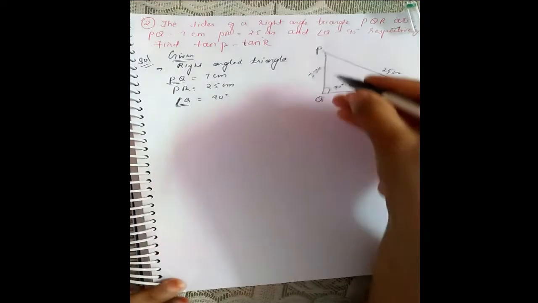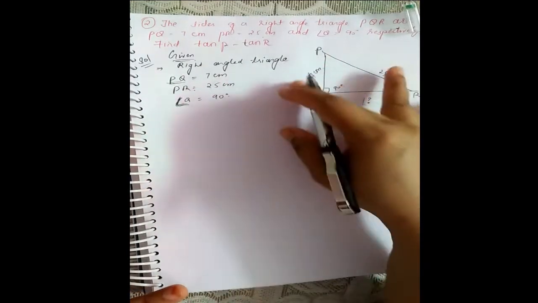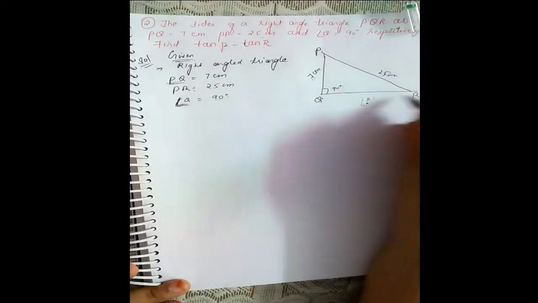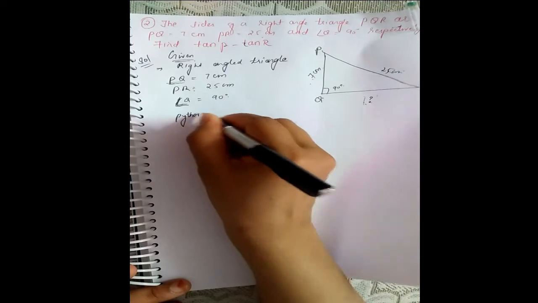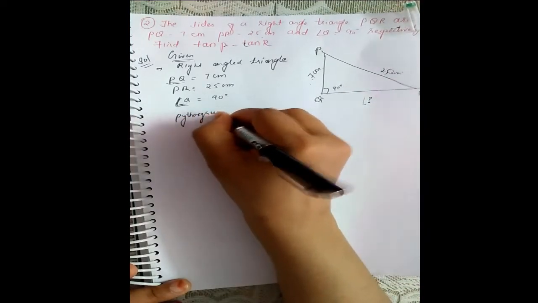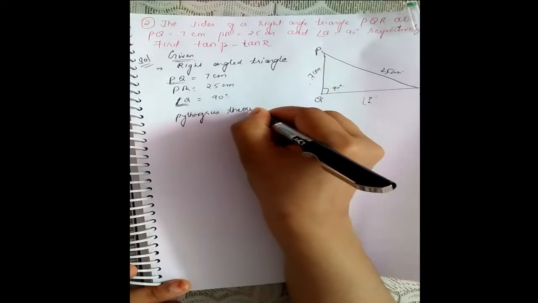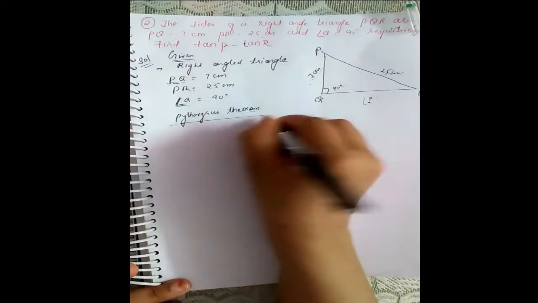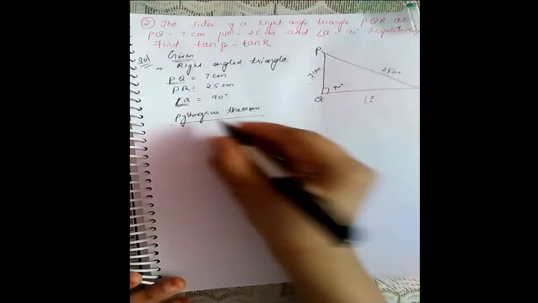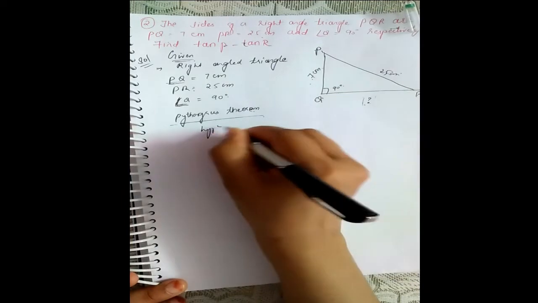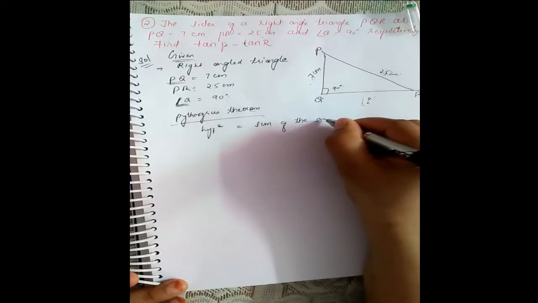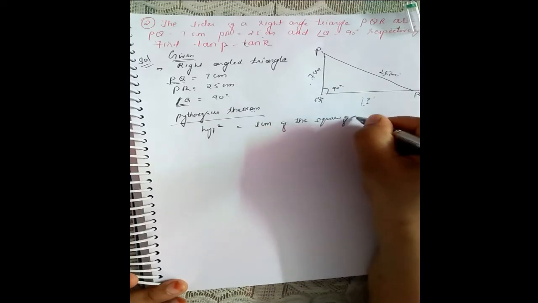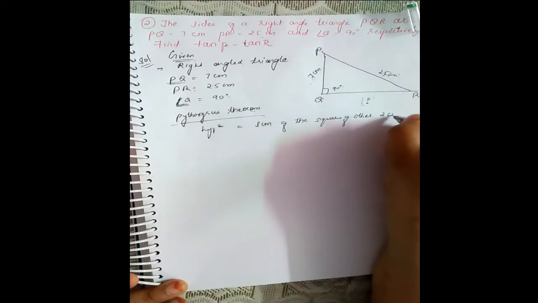When we have two lengths given and some other length is missing, we'll be using the Pythagoras theorem. Very simple. What does the Pythagoras theorem say? The hypotenuse square will be equal to the sum of the squares of the other two sides.